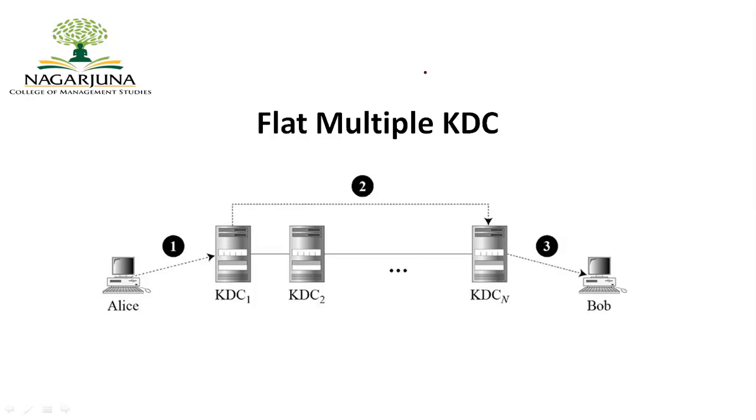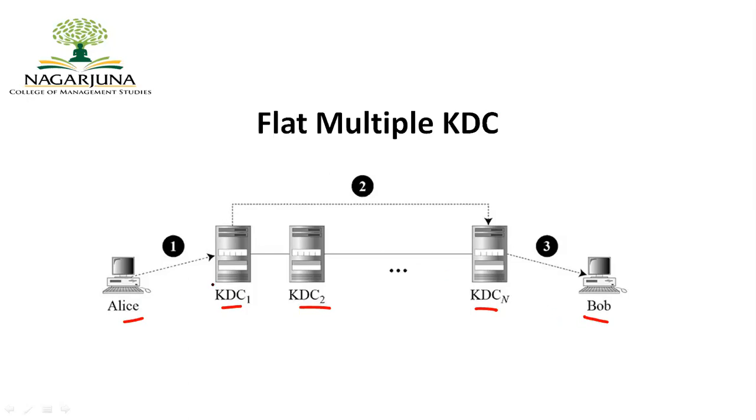Now let us assume Alice is considered as one domain and Bob is considered as another domain. Alice contacts her KDC, which in turn contacts the KDC of Bob's domain. The two KDCs can create a secret key between Alice and Bob. So here you can notice that you have KDCs in between. Alice accesses one domain and Bob accesses another domain.